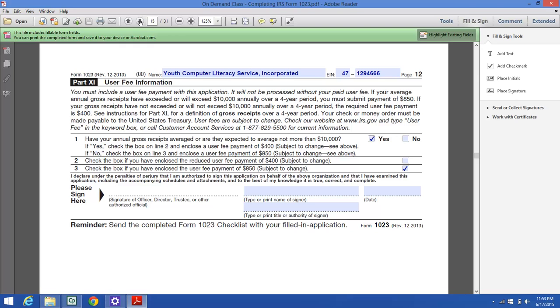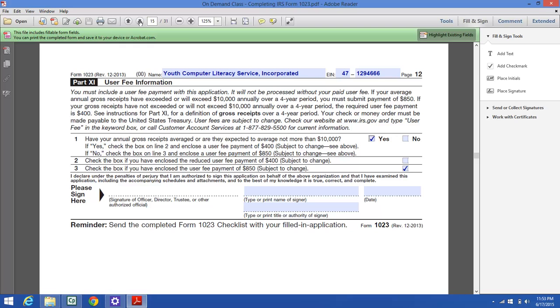If your average annual gross receipts have exceeded or will exceed $10,000 annually over a 4-year period. So for the next 4 years, every year, if your gross receipts or your revenues from grants, fundraising, and from investments will exceed $10,000, then you have to pay $850 to have this application processed.